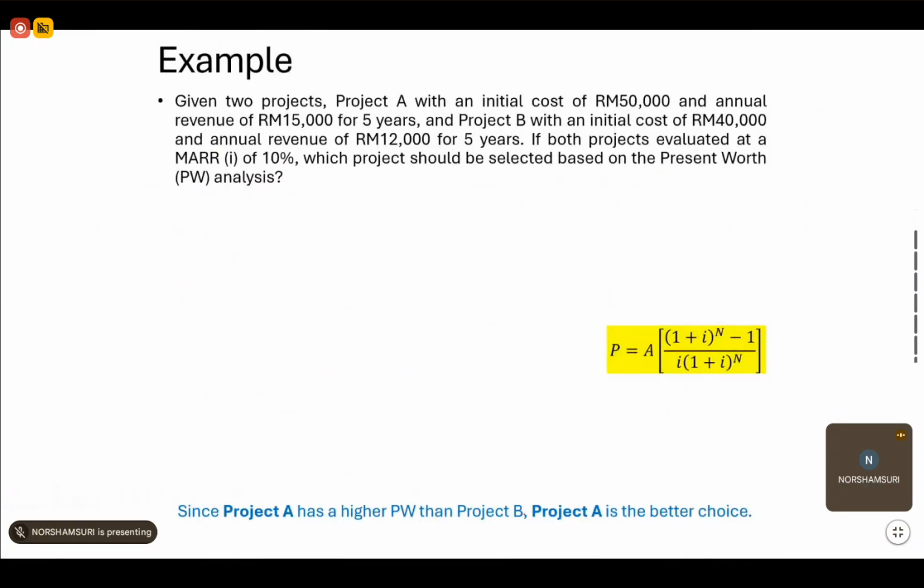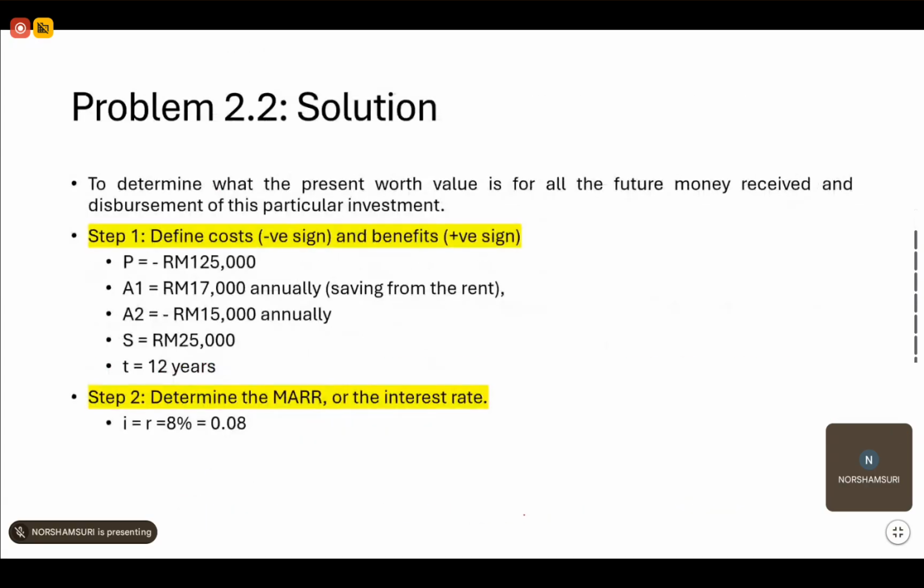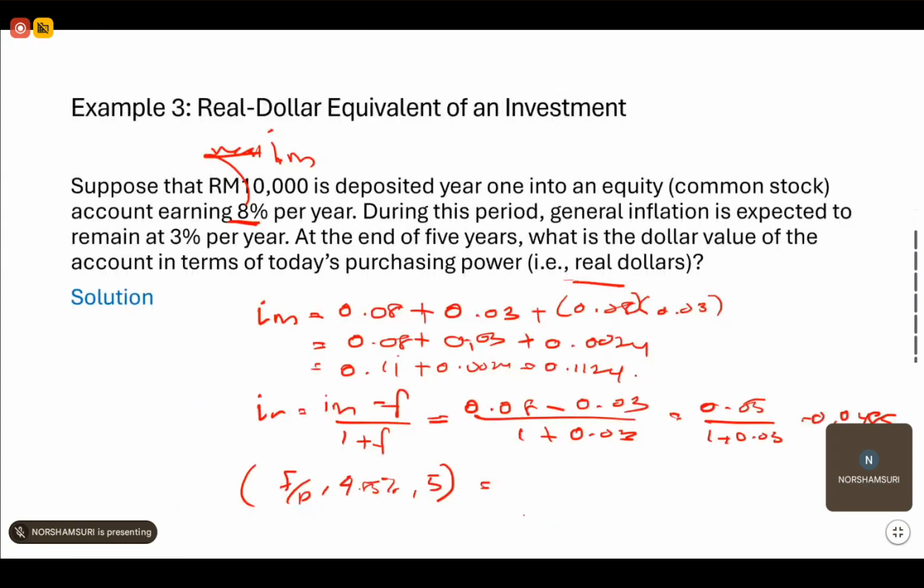Do I have the formula or not? No. Okay, you can use the formula. Let me check the formula from my last note.